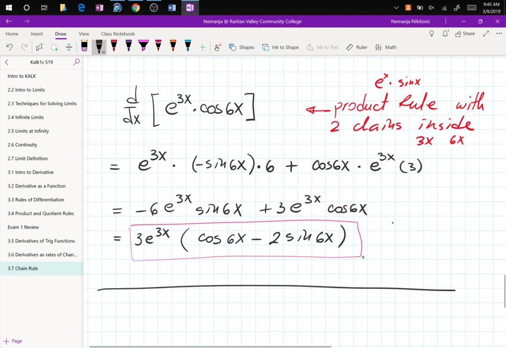So that was one of the problems. Those of you going to differential equations and physics and mechanical engineering, this derivative is extremely important, because this derivative is the derivative for displacement within simple harmonic motion.